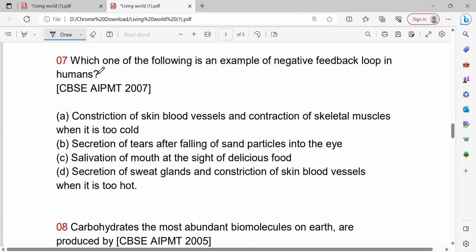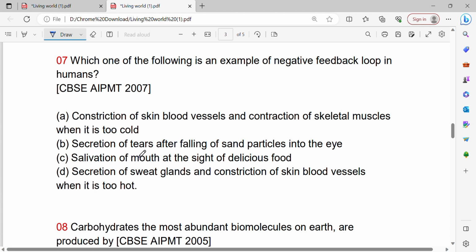Question number 7. Which one of the following is an example of negative feedback loop in human? Option A, constriction of skin blood vessels and contraction of skeletal muscle when it's too cold.